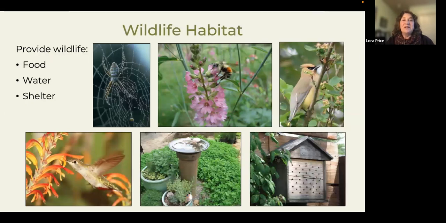Okay, so when we think of habitat, as I mentioned, it's food, water, and shelter. All of the flowers will provide nectar and pollen for our pollinators. But, as I mentioned with the vine maple, all of our trees usually are generating pollen as well. And those are going to be nice, large sources.